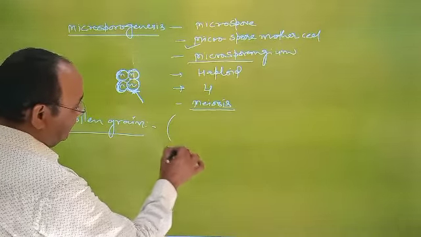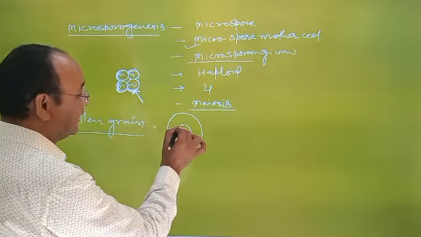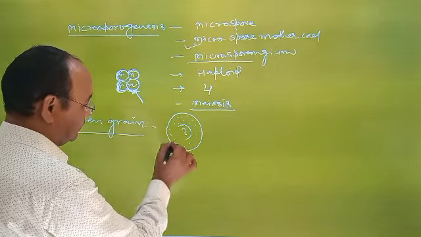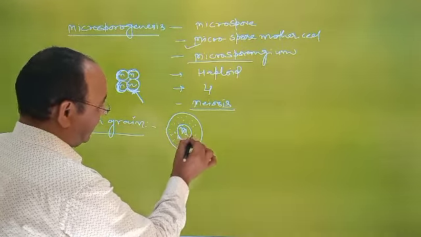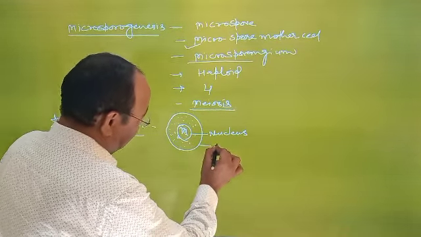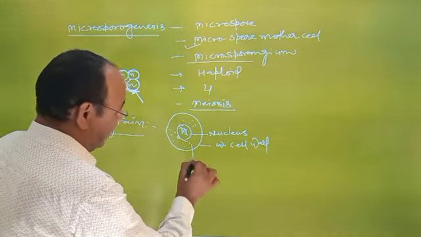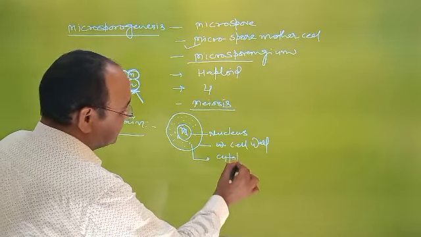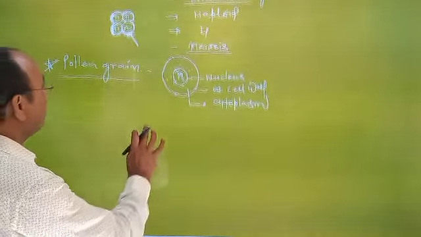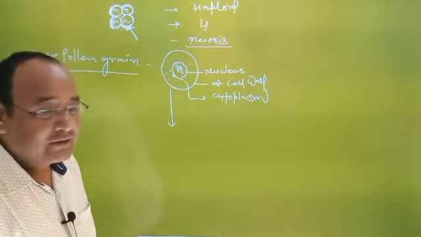Simply imagine it is a microspore with a haploid nucleus, and the nucleus is surrounded by cytoplasm, with a cell wall outside. Now the microspore converts into a pollen grain.